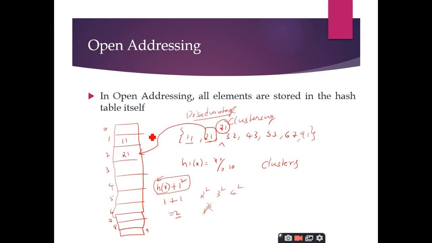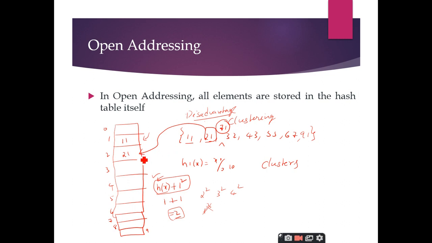But 1 is already occupied. So in order to find a vacant position, I should use the formula h of x plus 1 square, because it is the first collision. By this I have generated a value of 2. Now go and search location 2.